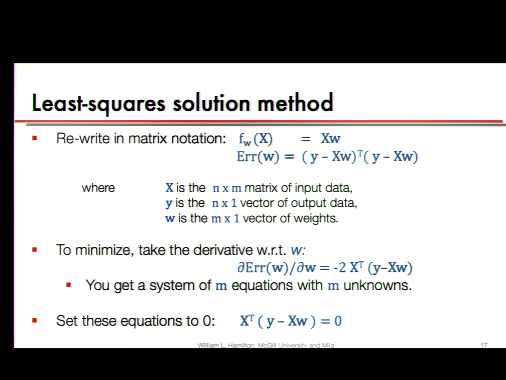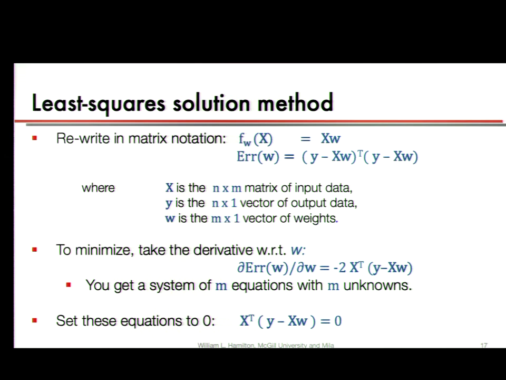Now, we've got things in matrix notation. Now the next step is to actually find the function that minimizes this. So what we want to do is find the weights that give us the minimum value for this function. Now here is where a bit of the calculus comes in. What we have here is really a system of m equations and m unknowns, but probably the easiest way to think about how we're going to solve this is that what we want to find is the minimum of this error function.